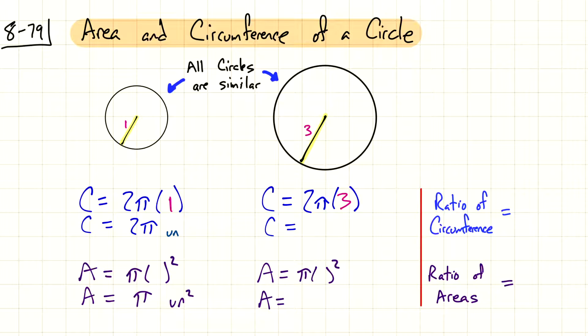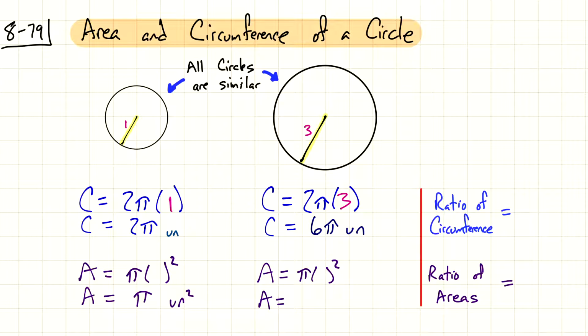Now I have the original circumference, which was 2 pi of the small circle, but I'm going to multiply it by 3 because it got 3 times as long. So what happens when we multiply 2 times 3? We end up with 6 pi. Okay, so 6 pi units.